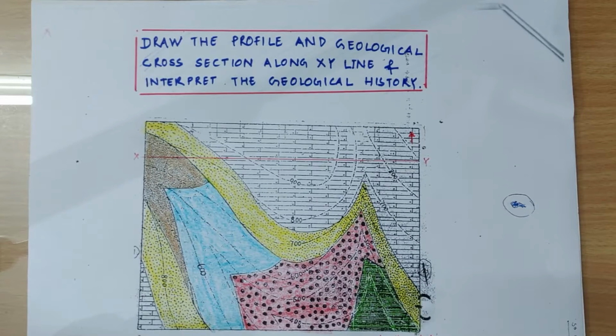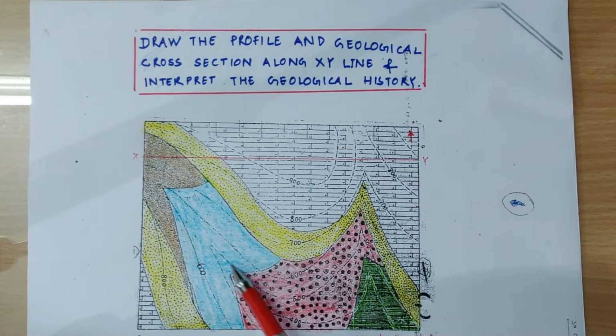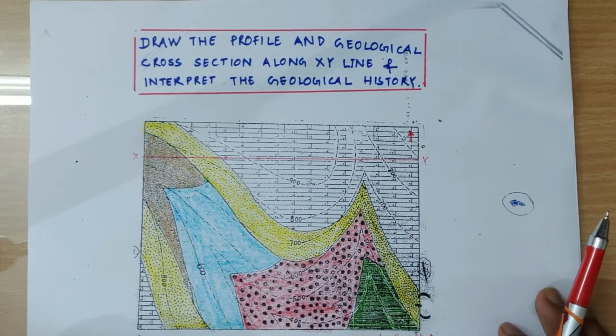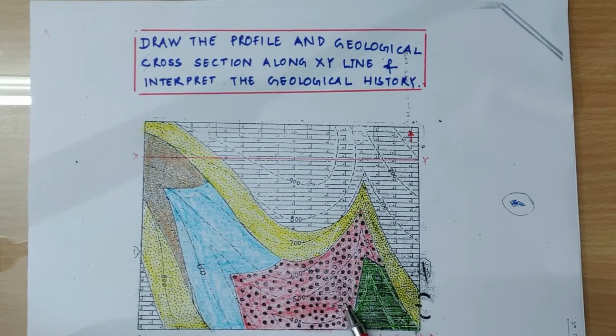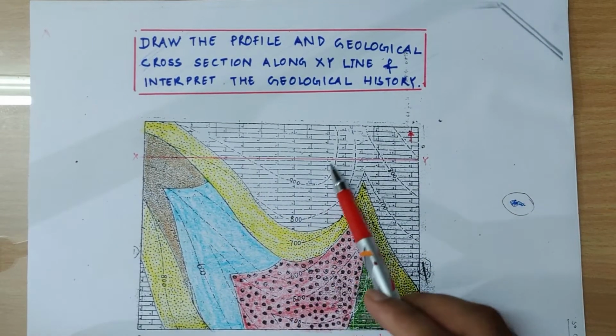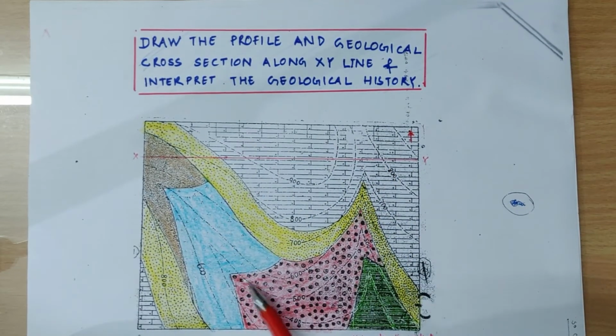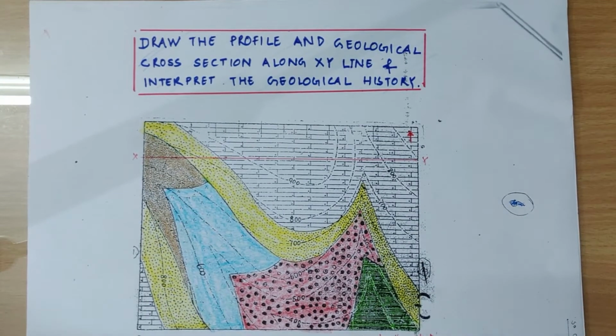Now let's observe the elements of the map. So here we have contour lines. The contour lines are starting from 400 and the maximum value of contour line is 900. So the relief in this area is varying from more than 300 feet to less than 1000 feet.